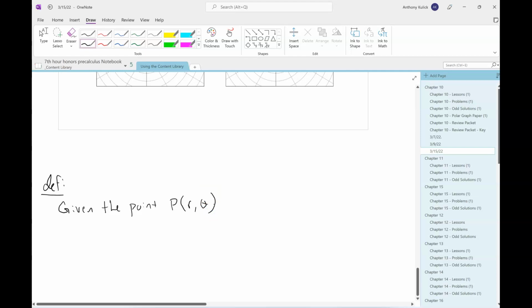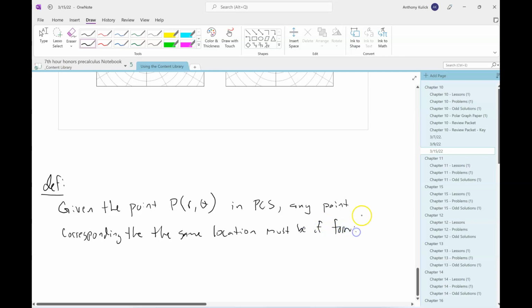So let's say we have some point P that's (r, theta) in the polar coordinate system. Bless you. Okay.